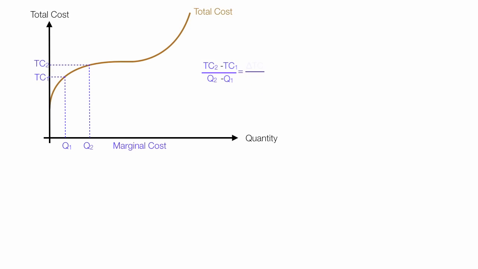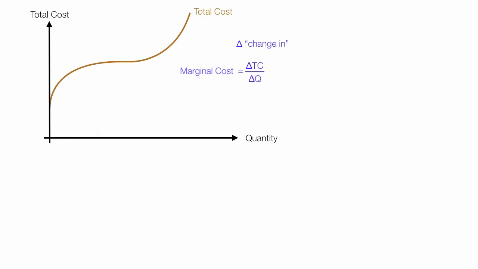In other words, the change in total cost divided by the change in quantity is equal to the marginal cost. That little triangle is "change in," and it's the Greek delta. This is also equal to the change in total variable cost divided by the change in quantity, plus the change in total fixed cost divided by the change in quantity.